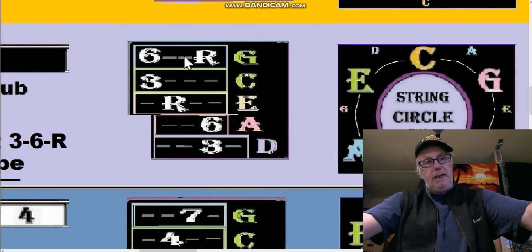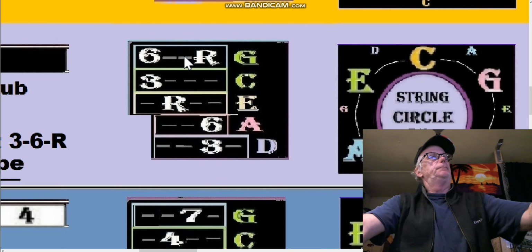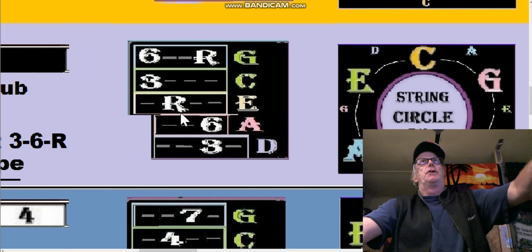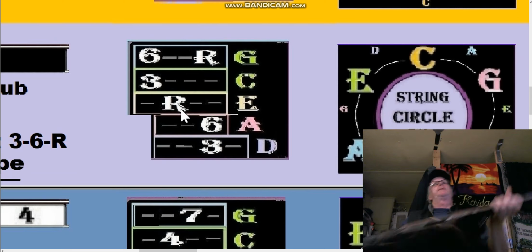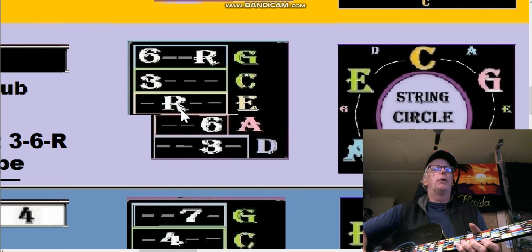In the A box, we call it the A cage. The 5th would be the E string shape. So you would start on the E string shape on the bottom and go 1 string shape ahead of that, which would be D minor. It's going to be a D minor shaped chord, right?